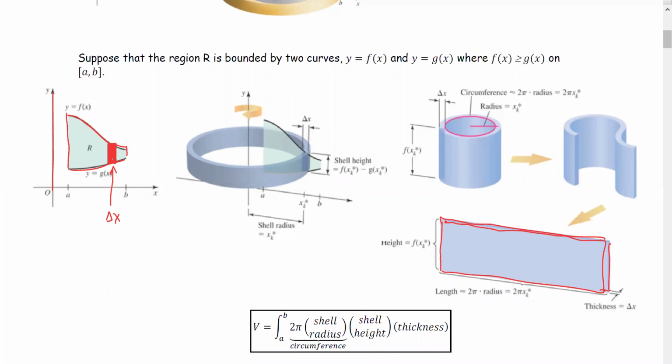And the length is from the circumference of the shell, or 2 pi r. And in this case, the r is measured from the axis of revolution. And also the height of the bar is the difference of two functions.